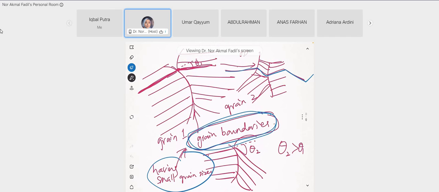So if the maximum strength achieved by the smallest grain size does not meet your design requirement, you need to find an alternative. Maybe grain size reduction is not suitable. Maybe reduce the grain size plus cold working process or strain hardening process.